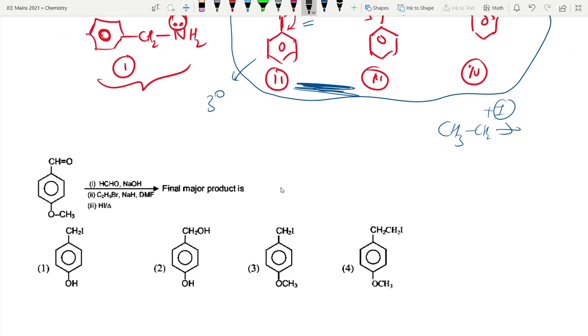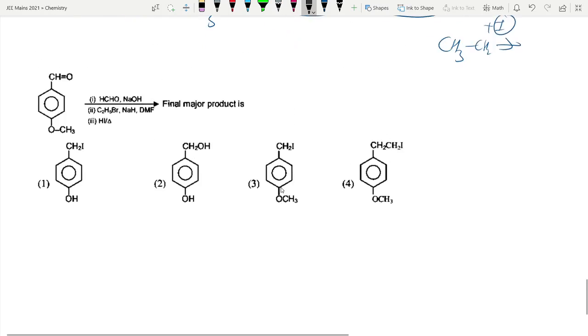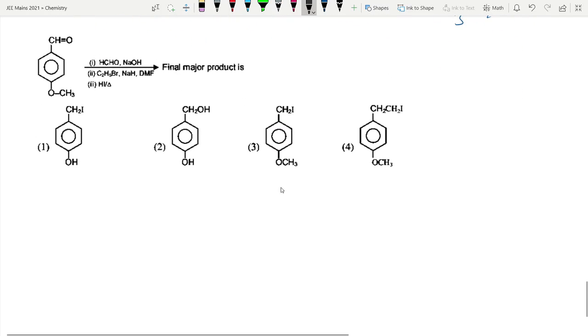Okay, now let's come to the last one. Very good. So we have HCHO and NaOH, and we have an aldehyde also here. So we see Cannizzaro reaction.